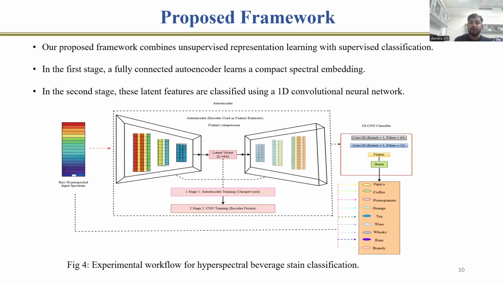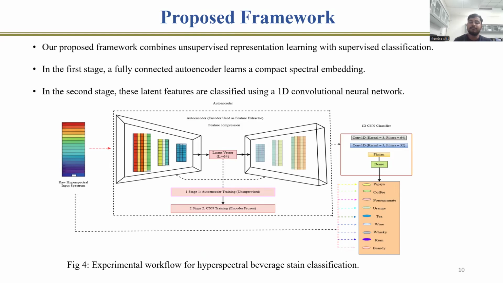Our proposed framework combines unsupervised spectral representation learning with supervised classification. First, a fully connected autoencoder compresses the high dimensional hyperspectral spectra into a compact latent representation.